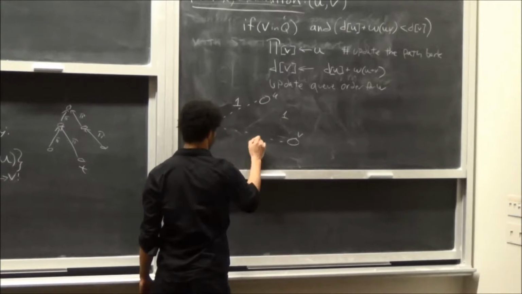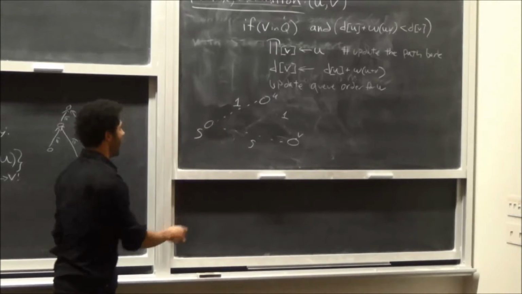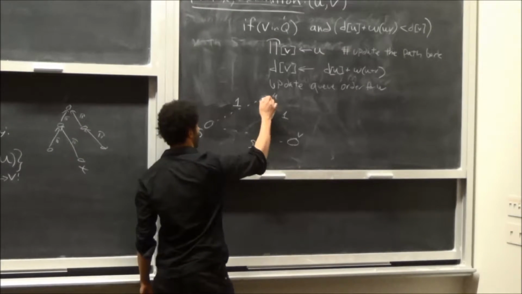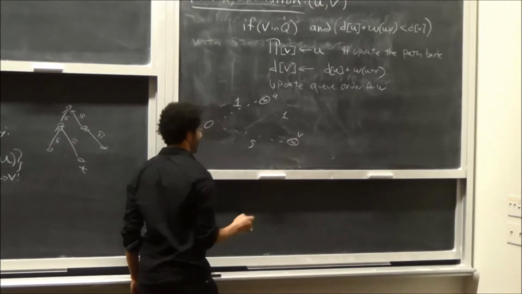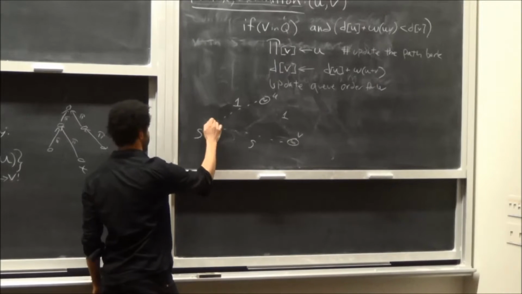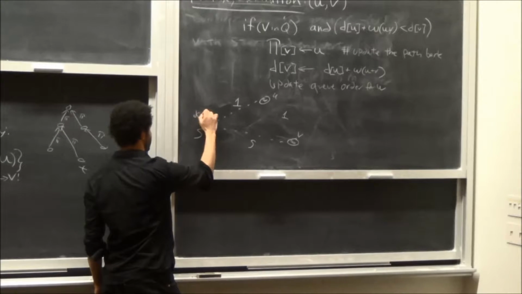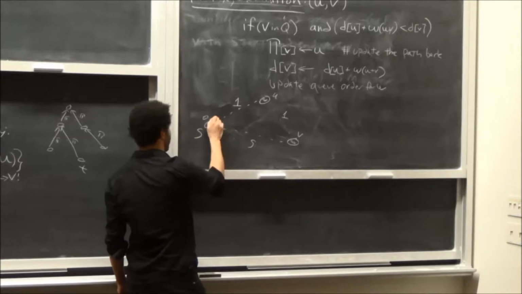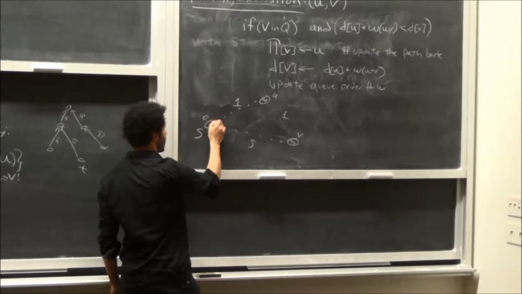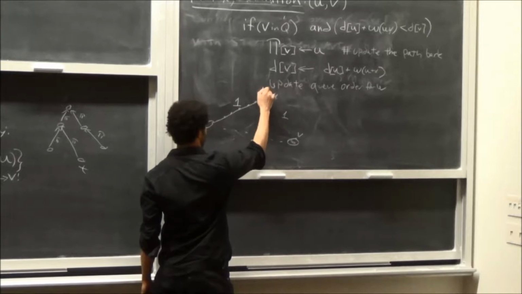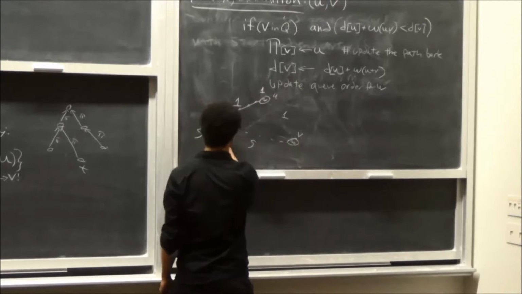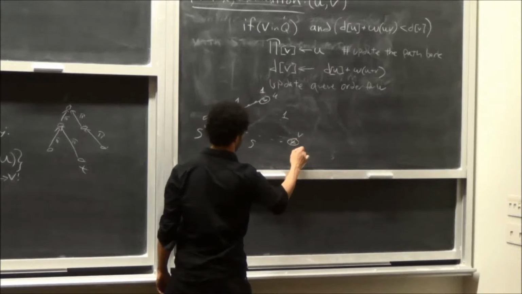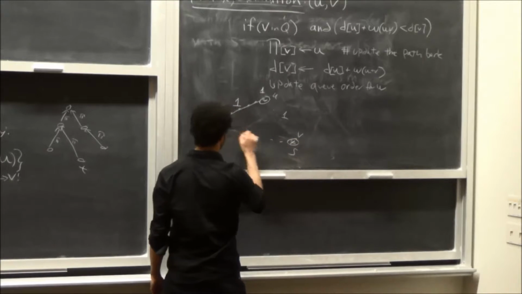So this is a 5. At iteration 0, the algorithm will consider these as infinitely far away, and the distance of this guy is 0, as it should. So this is a 0, that's infinity, infinity. Right away, the first thing the algorithm does is assign this a distance of 1, and assign this a distance of 5.